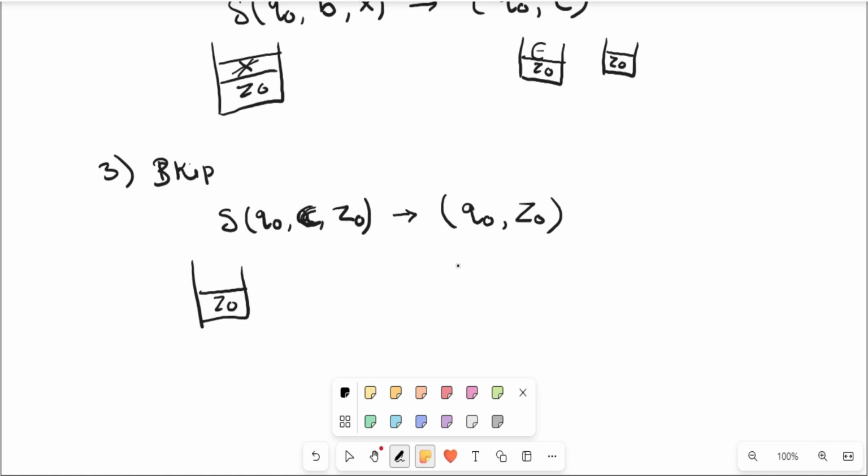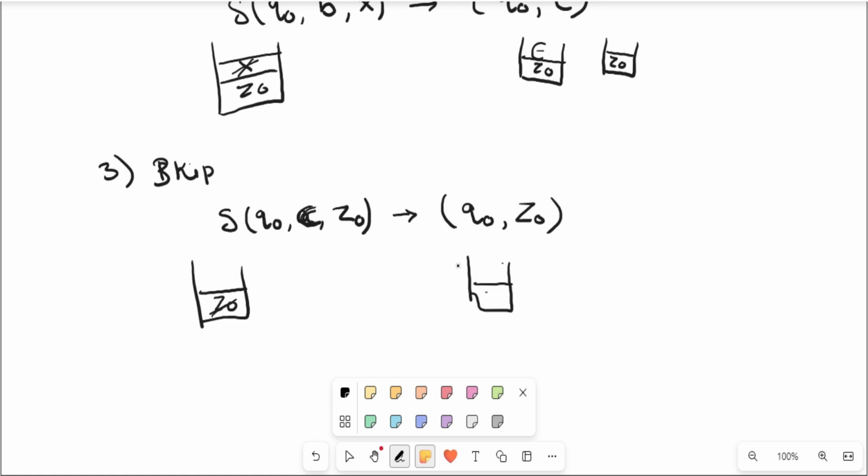Whenever we perform any transition, the stack top is first removed.